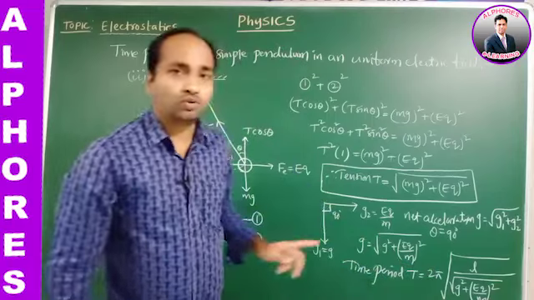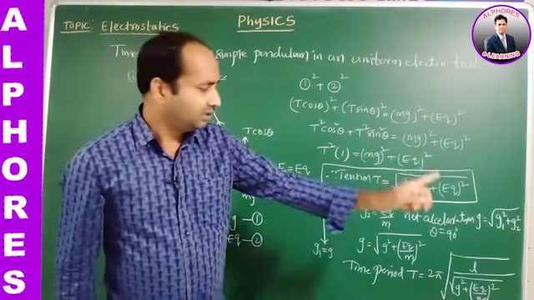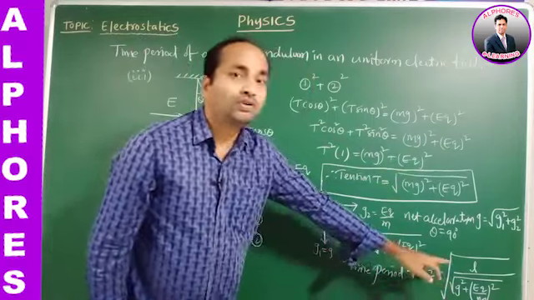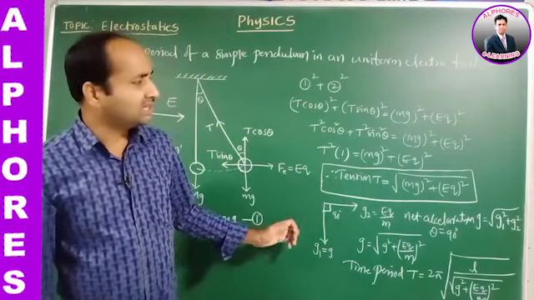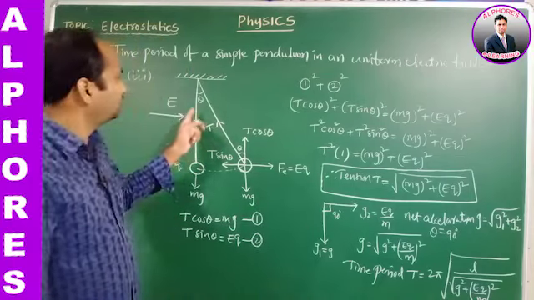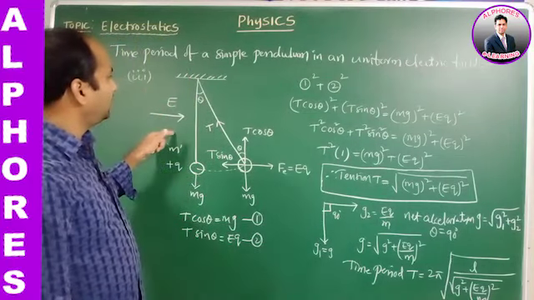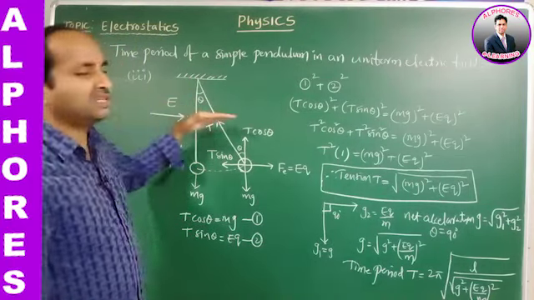T is equal to 2 pi times the square root of L by the square root of g squared plus (Eq by m) whole squared. This is the time period of the pendulum whenever we apply an electric field horizontally.